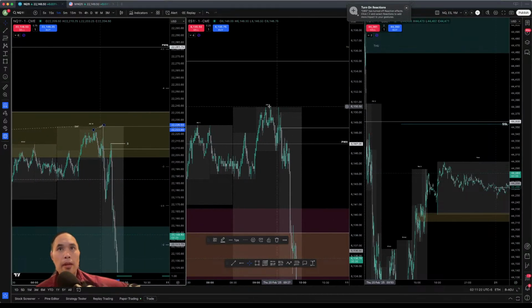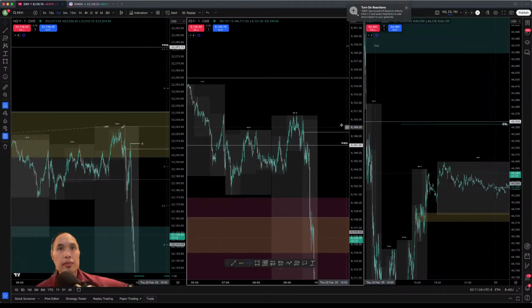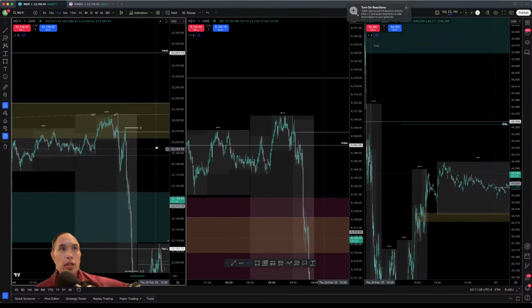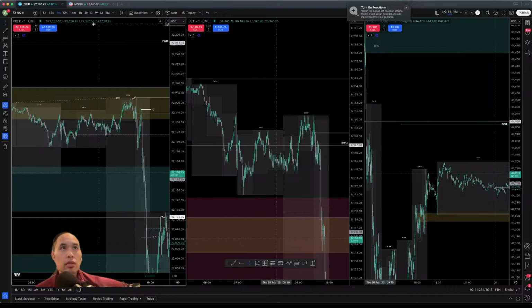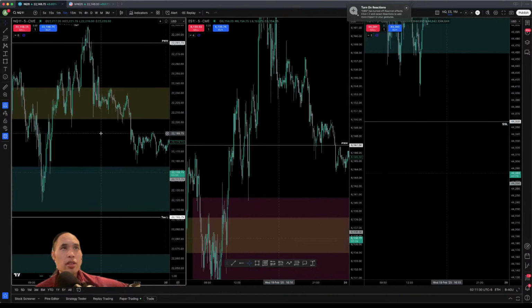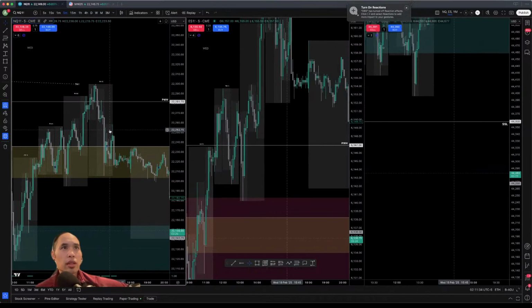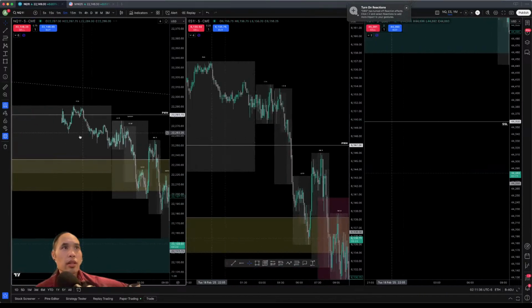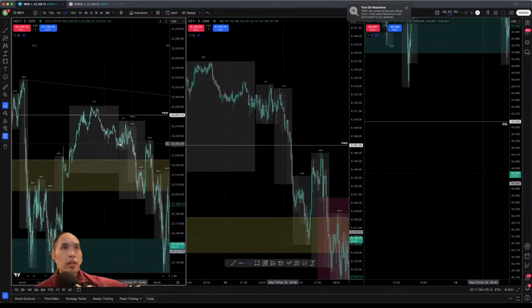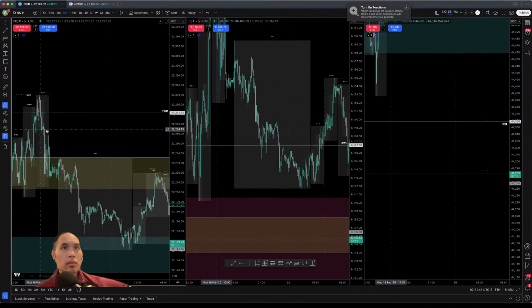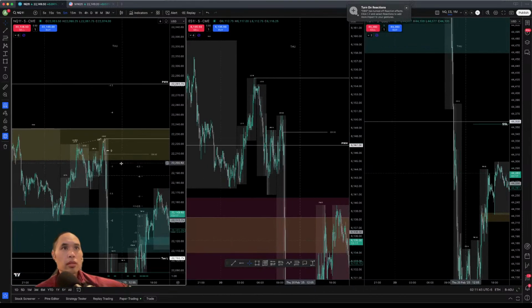So boom, NQ takes the high right at open 9:30, has a good soup, and ES left it. And if we just see the 5-minute standard deviations, let's see what that looks like. Sorry guys, I'm on the wrong day. There we go.